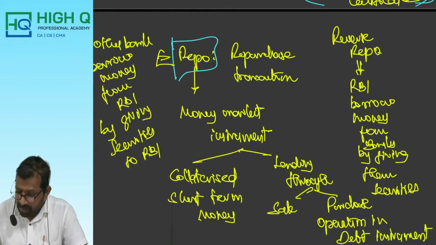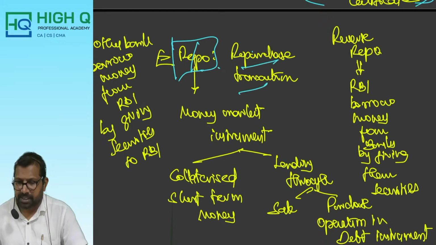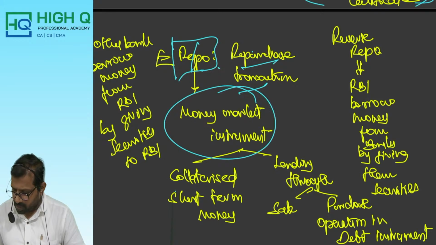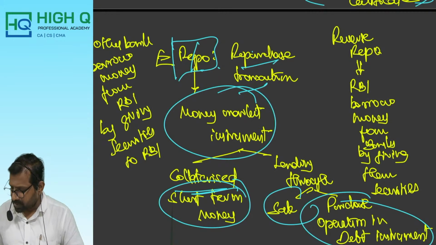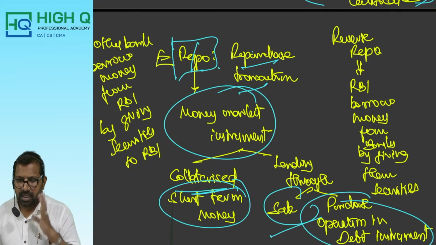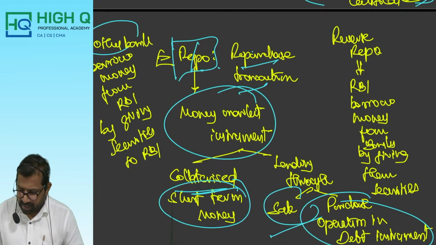What is meant by repo? Repurchase transaction. It's a money market instrument, collateralized short-term money lending through sale or purchase operations in debt instruments. In simplified language, other banks borrow money from RBI.